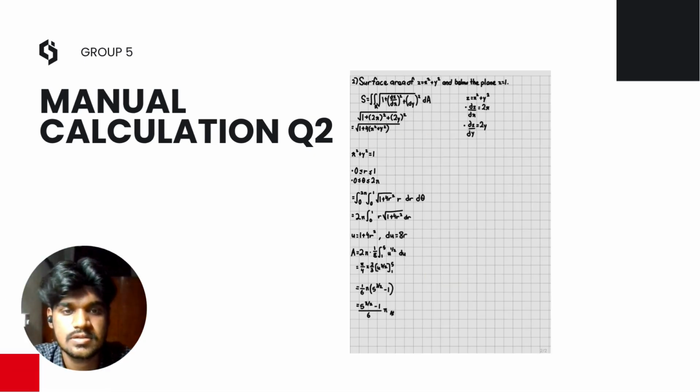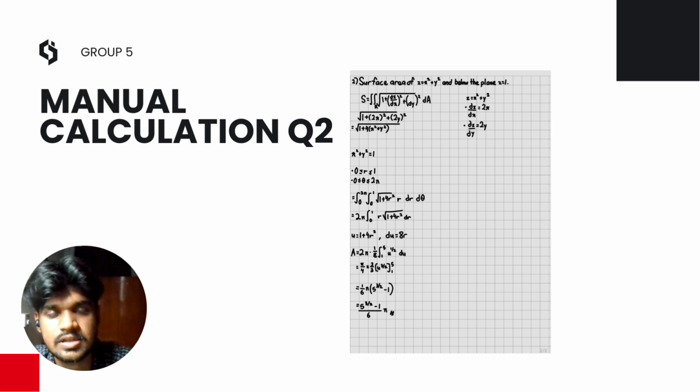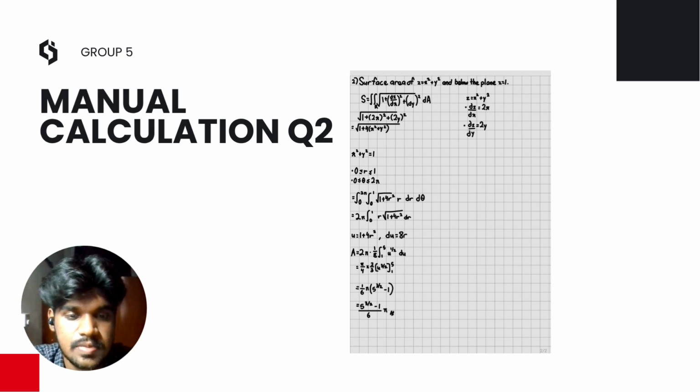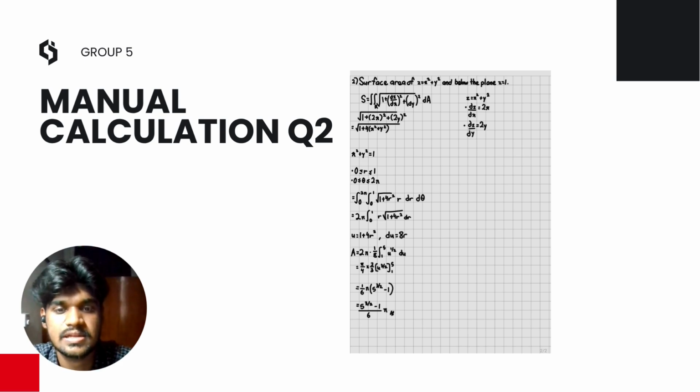Next is the surface area of a paraboloid. For problem 2, we are finding the surface area of the paraboloid z equals x squared plus y squared that lies below the plane z equals 1. We start from the standard surface area formula as given.